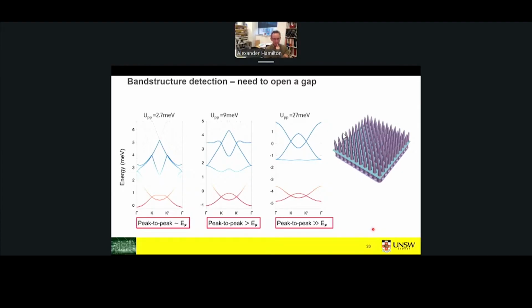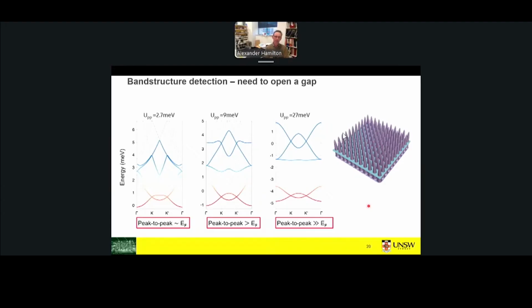If the intersite hopping is too strong, well, let me put it this way. If there is no hopping between the quantum dots, you don't really form an artificial band structure at any accessible temperature.